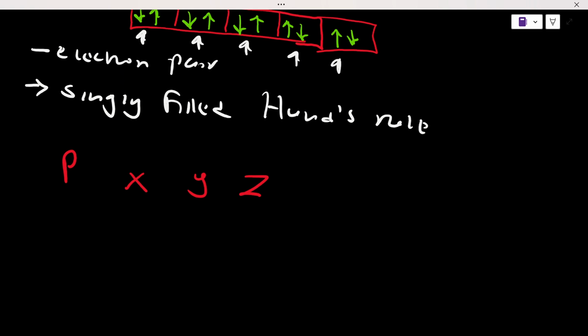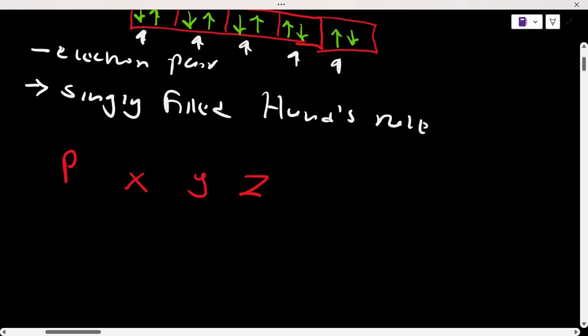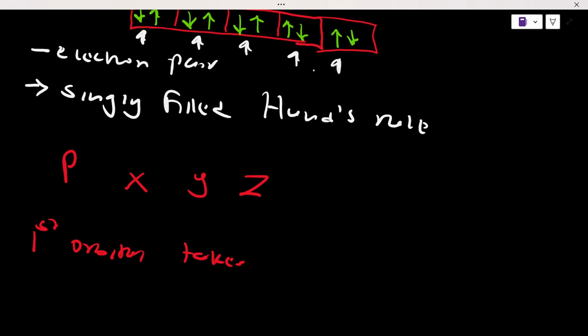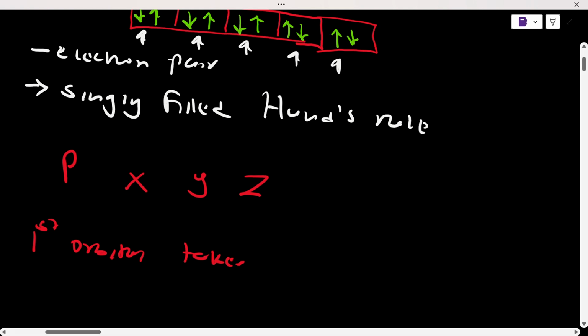But the key thing that we have to know is that the first orbital, sorry, takes the x and y.